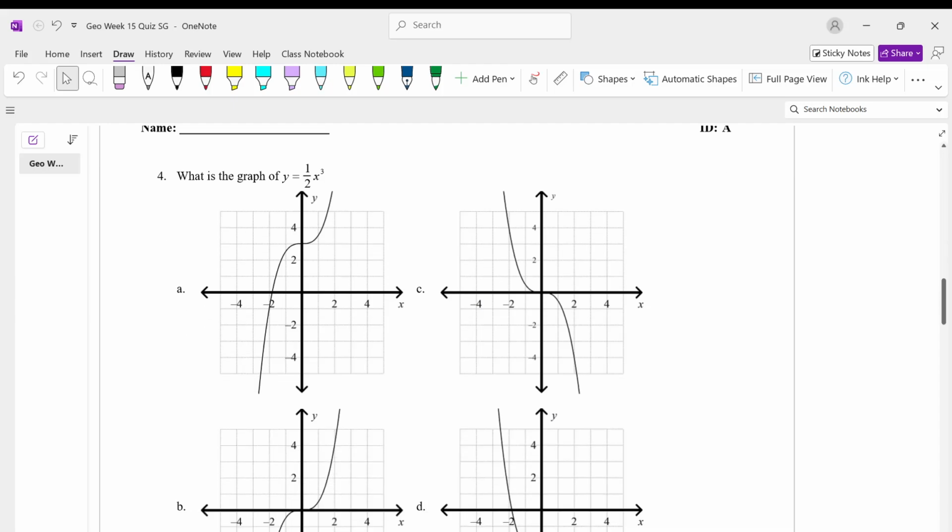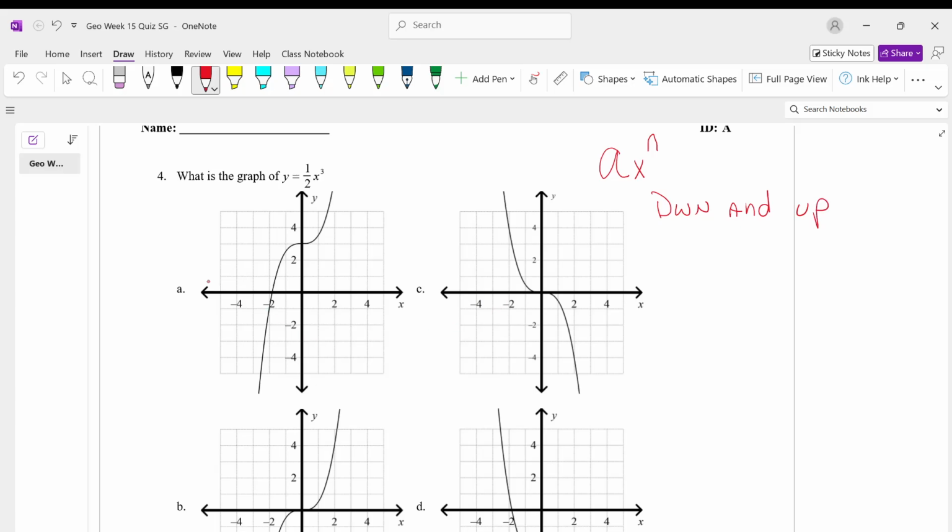Problem number 4 asks you, what is the graph of 1/2 x to the third? So look, in this case, we're back to a x to the nth. We've got an a that's positive. We've got an n that's odd. When a is positive and n is odd, that's down and up, right? Down and up.